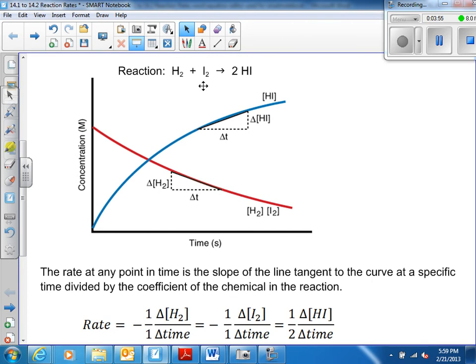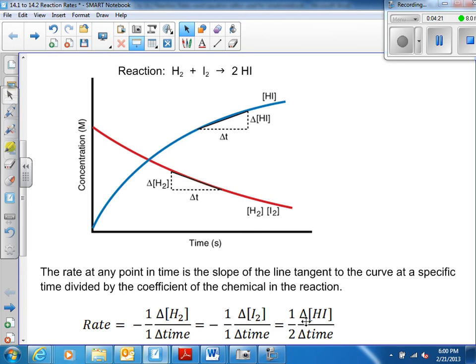There's a 1, and a 2. So the change in hydrogen over the change in time times -1. Change in iodine over the change in time times -1. And then hydrogen iodide over the change in time times 1/2. And there's no negative because notice the slope is positive. These slopes are negative, and the negative slope times a -1 will give us a positive rate.